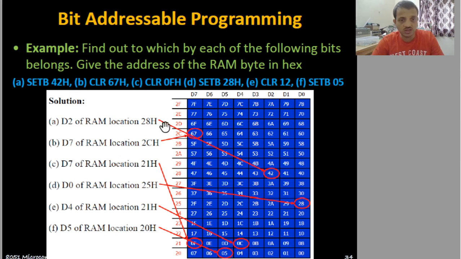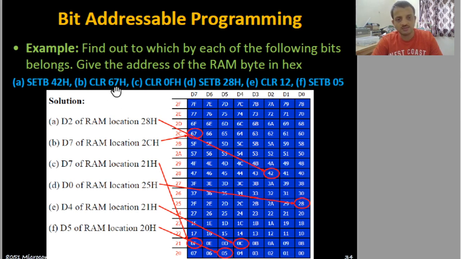So you need to look at the values between 20 to 2F only. Between 20 to 2F, you see the values: here it is 0 to 7. Then where is the 42? Okay, 42 is here. So it will set this bit to 1. You can get the corresponding byte value with this 28 location.